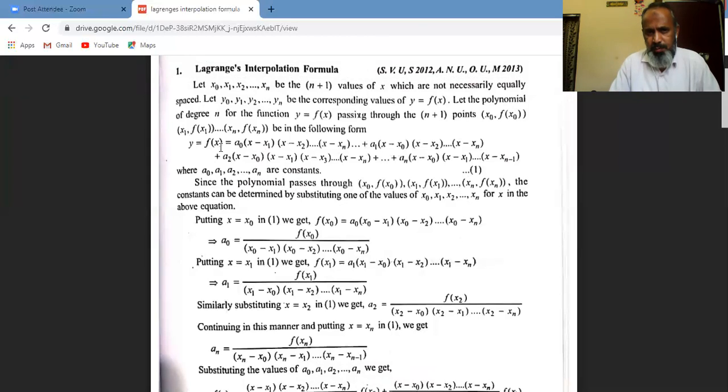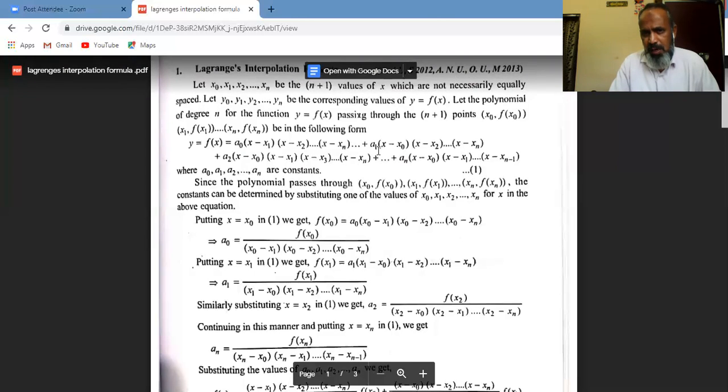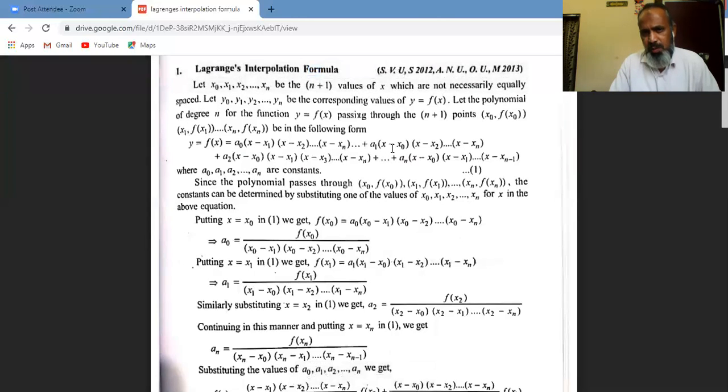In place of x, we are substituting x naught. So it becomes f of x naught is equal to a0 into (x naught minus x1)(x naught minus x2)(x naught minus x3) up to (x naught minus xn), plus the second term, a1 into (x naught minus x naught). So it becomes 0. Similarly, in the third term, a2 into (x naught minus x naught) also becomes 0.